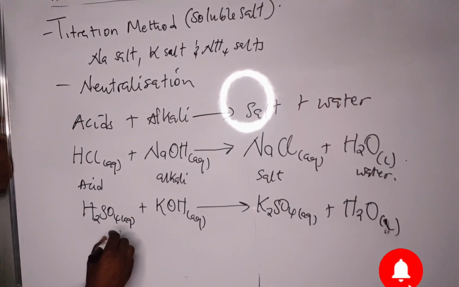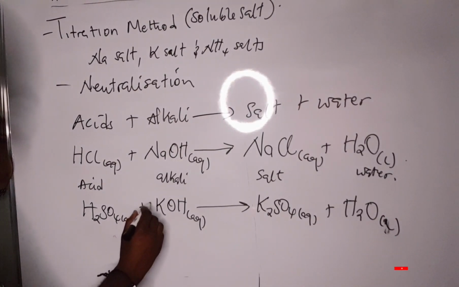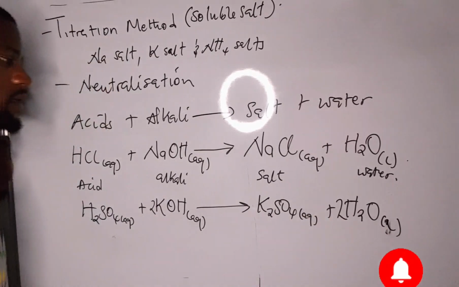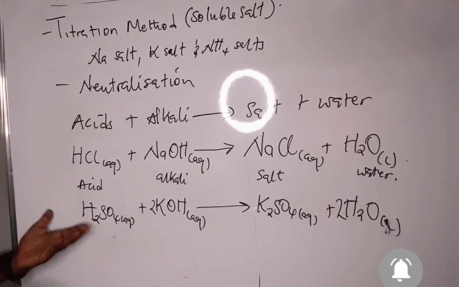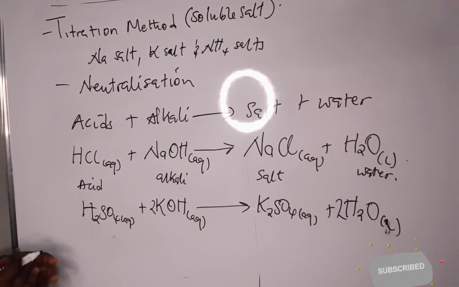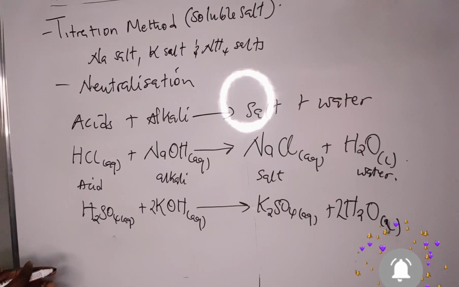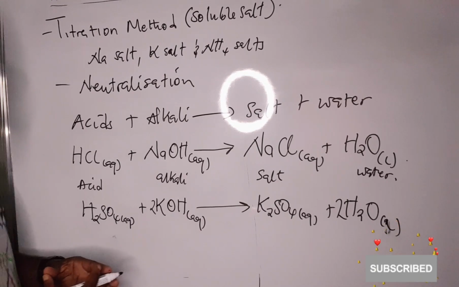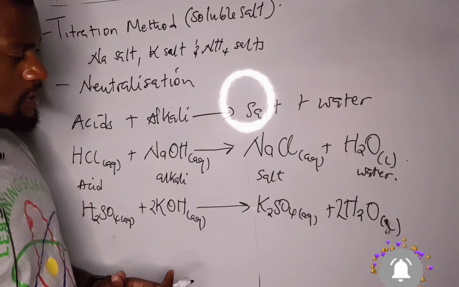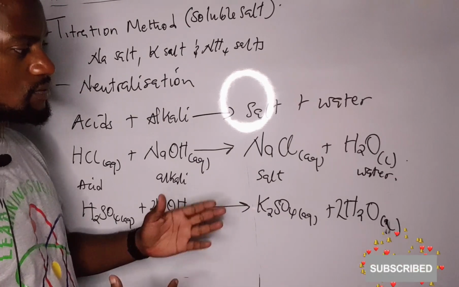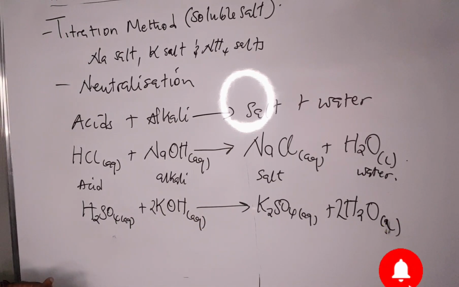So we have to ensure that the equation is balanced. Even in this reaction, this is the neutralization reaction, where an acid reacts with an alkali in order to form potassium sulfate, which is a salt, and as well as water is given out.